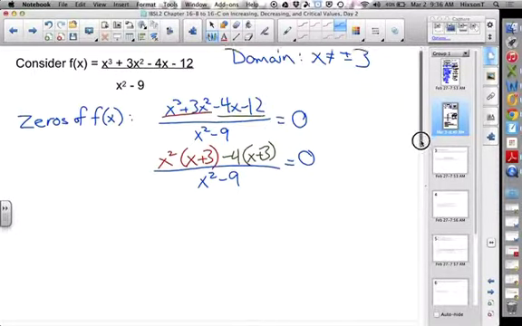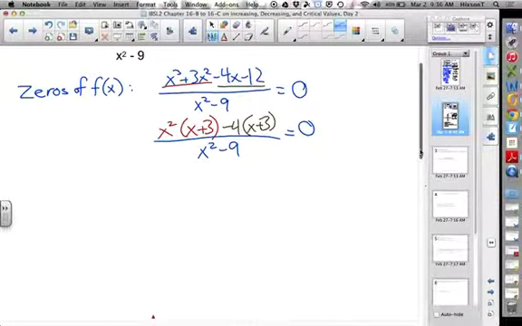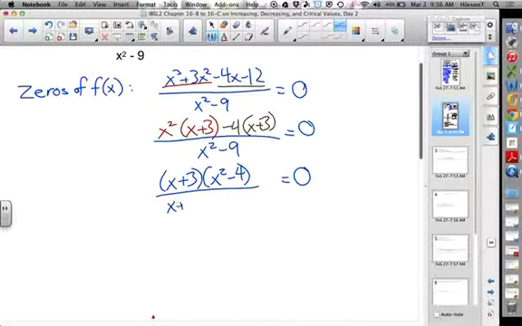Okay, so now my numerator factors into, I have a binomial common factor of x plus 3, so I pull it out, and I've got x squared minus 4. My denominator, x squared minus 9, factors into x plus 3 times an x minus 3.